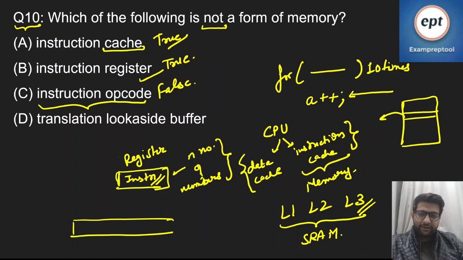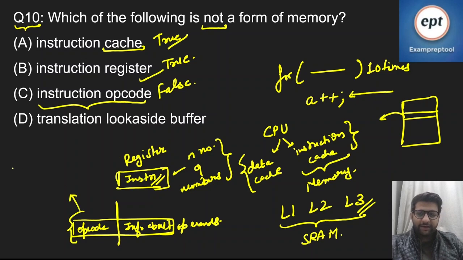It is just a representation. So if this is an instruction format, the opcode and the info about the operands, right? Info about operands. See, opcode is not a form of memory.